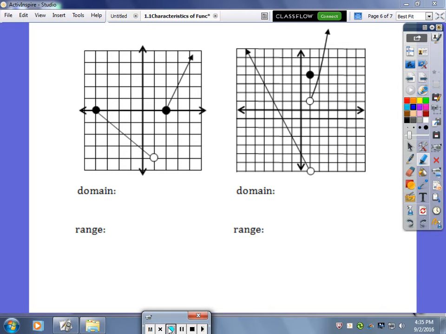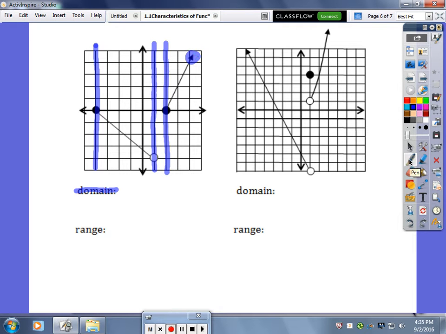So our domain goes from here, and then if we follow that graph, we see that we get to this point, although the open circle indicates the point itself is actually not part of it. And then there's a gap, and we actually continue here onwards, and then the arrow indicates to us that for the rest of it, we're going to keep going until positive infinity.